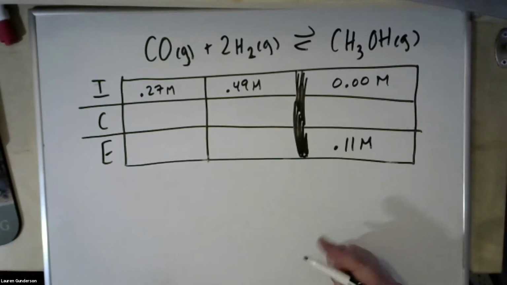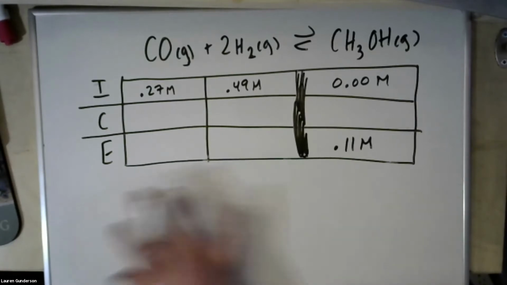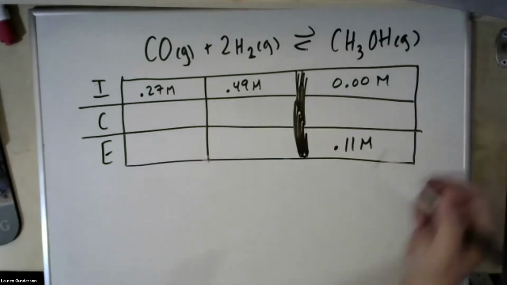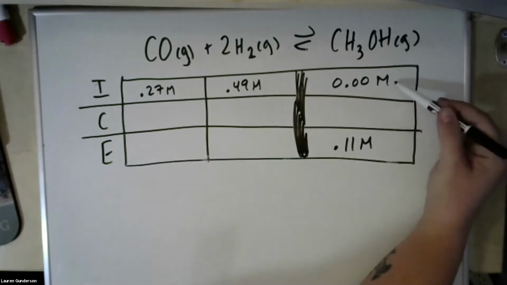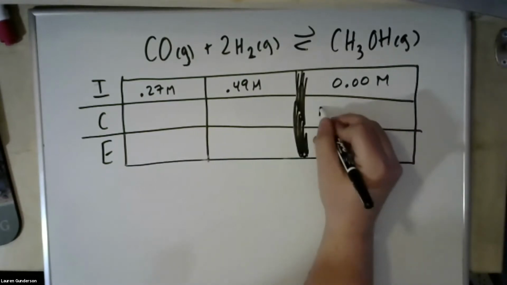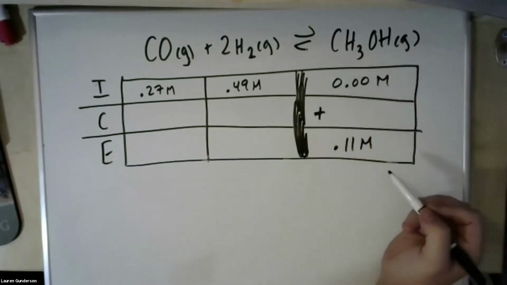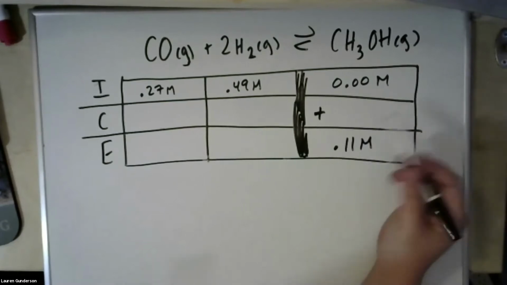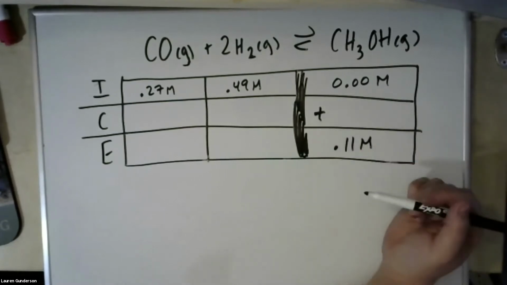Now, again, we could tell the direction of the reaction based on the numbers here. We went from 0 CH3OH to having 0.11 molar. So that means that we're creating methanol, right? We're adding it, we're making it. That's a plus sign.